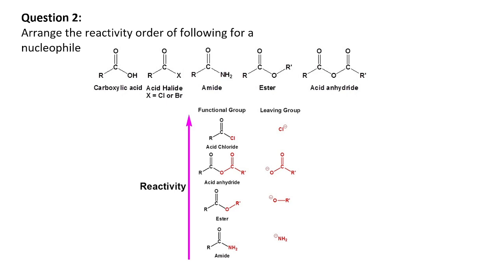Here is the reactivity order of carbonyl compounds. Most reactive will be acid chloride, then acid anhydride, then ester, after ester there will be acid, and the least reactive will be amide.